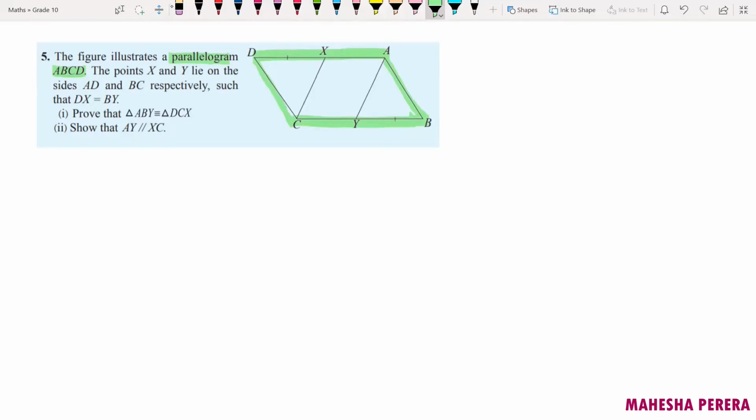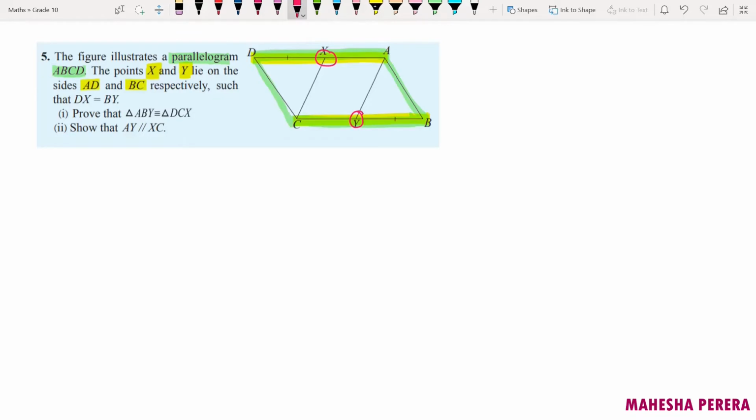Then the points X and Y lie on the sides AD, BC respectively. AD is here and X lies over here, right? Then BC is here and Y lies here, right?